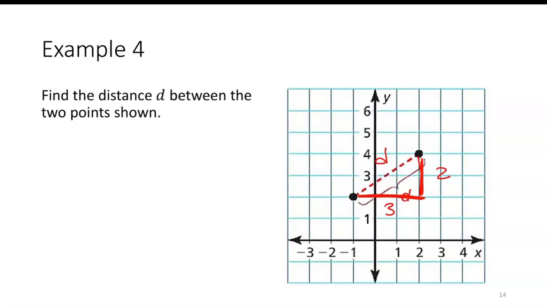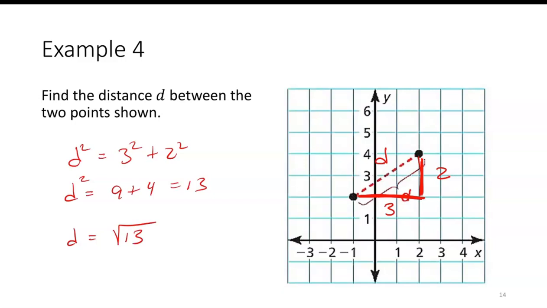So what I know is that d squared is going to be 3 squared plus 2 squared, or 9 plus 4, which is 13. So the distance between the two points is the square root of 13. You can put that in the calculator to get an approximation, but that would be the distance between those two points.